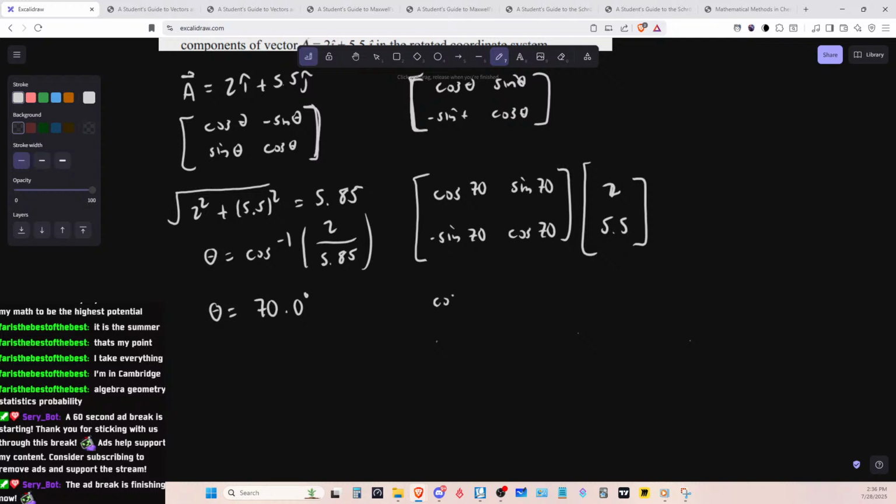Then basically you're supposed to do it like so. 2 times that, and then sine, and then negative 2.